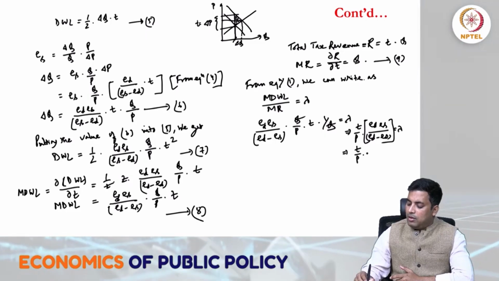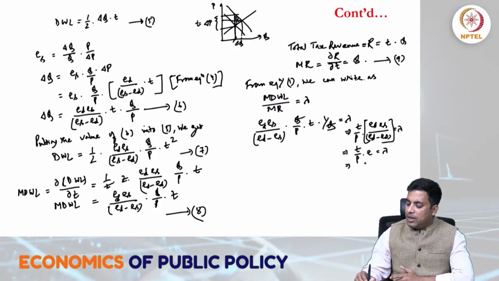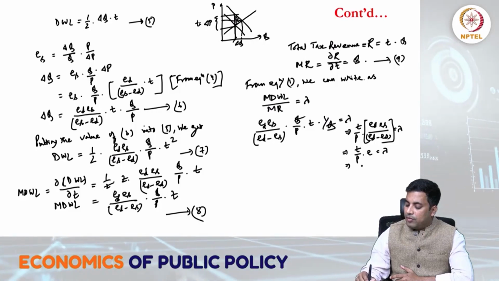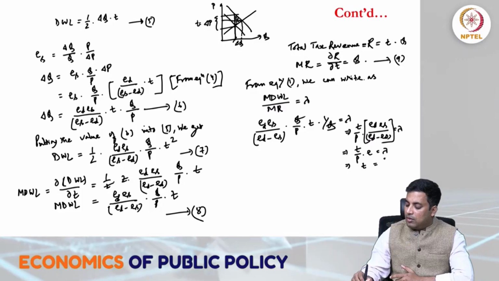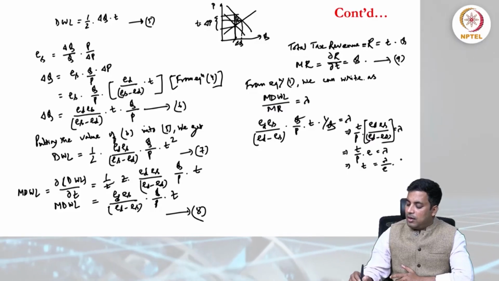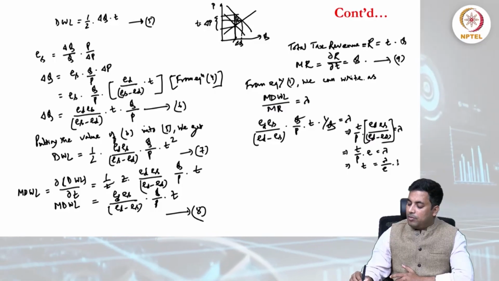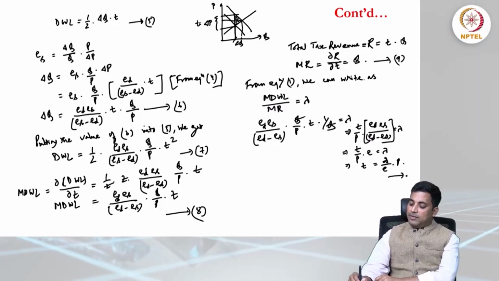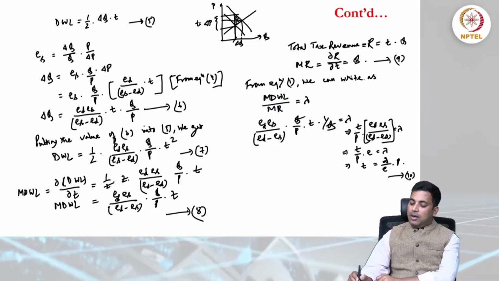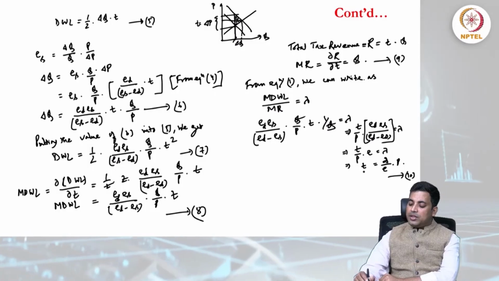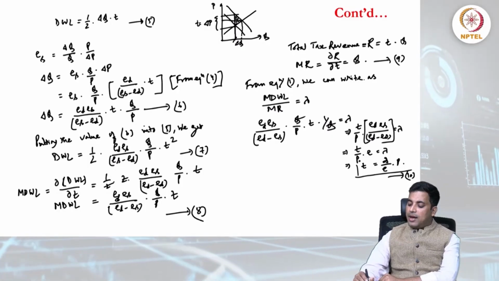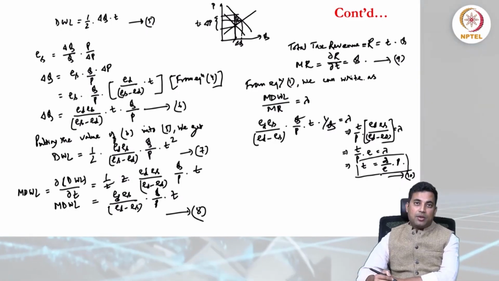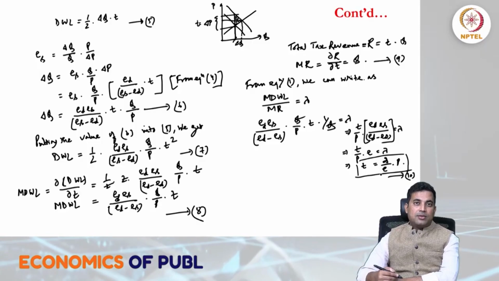Then we get delta P. So we can write E and P. This is how we reached equation 10, and this is how we reach the relationship between tax, the tax rate, the price level, and also the elasticity of the commodities, and lambda is constant.